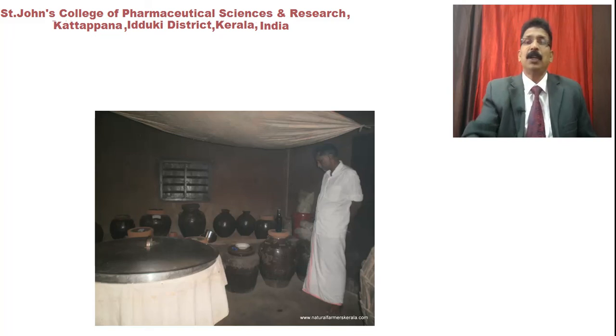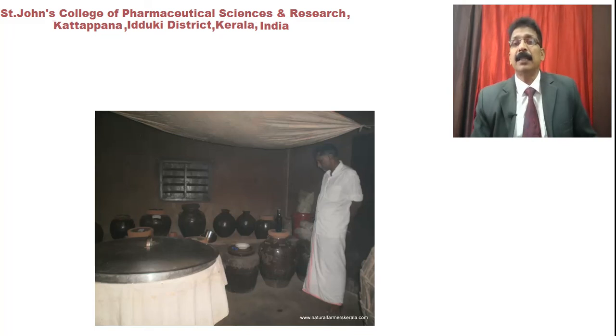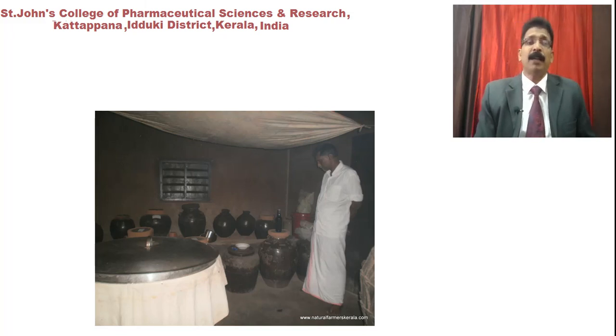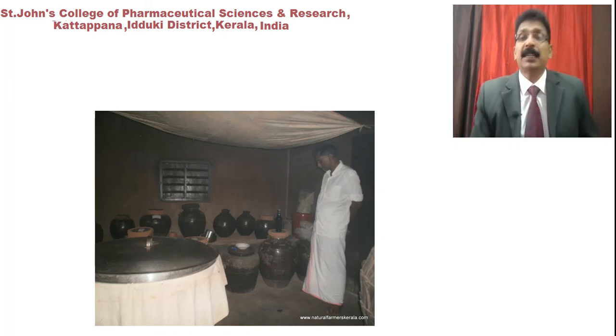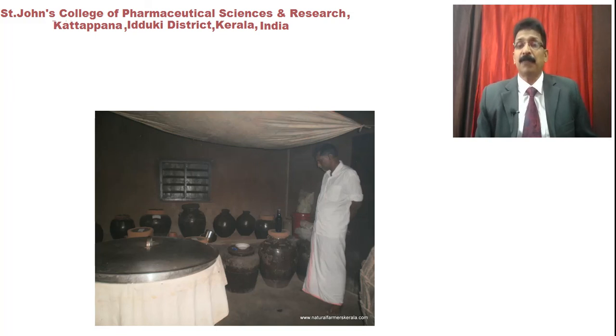You see the picture of a traditional practitioner, a manufacturer of traditional Ayurveda preparations. You can see many jars of mud pots and a large jar covered with a lid and cloth and tied, which he has kept for fermentation for preparation of Abhayarista.